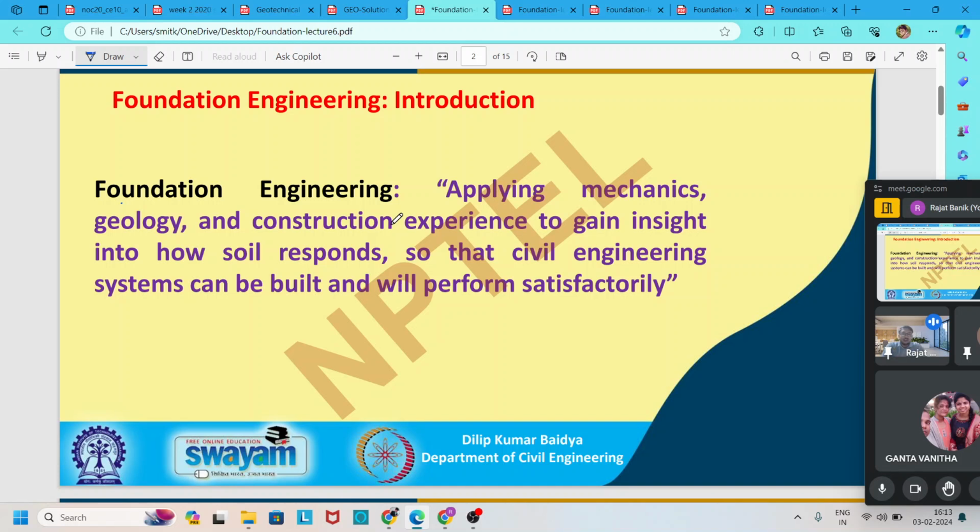To tackle this situation we build a safer foundation, because we know that the superstructure load of a building or any structure is transferred only through the foundation. If our foundation is weak, there may be failure of the structure.